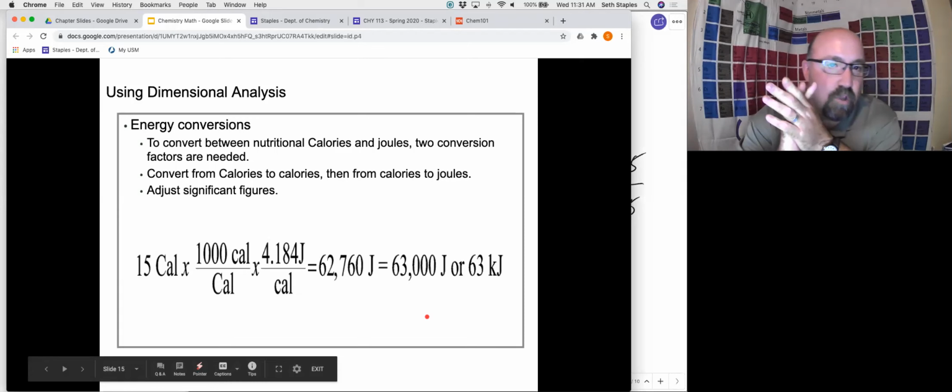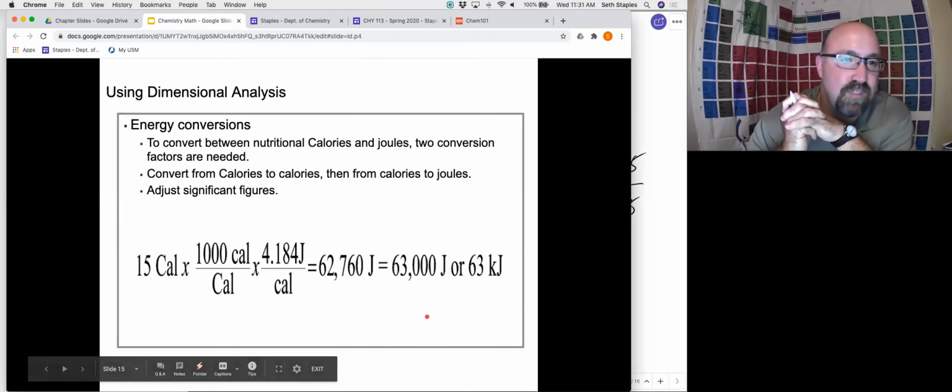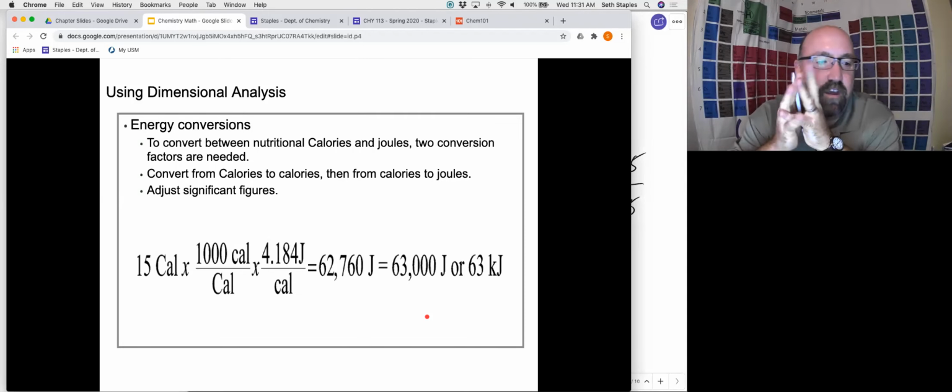Okay, finally, dimensional analysis is an incredible tool that will help you with calculations and will help you run conversions. The way that it works is by looking at what the units are and how to set things up in order to convert from one unit to another.